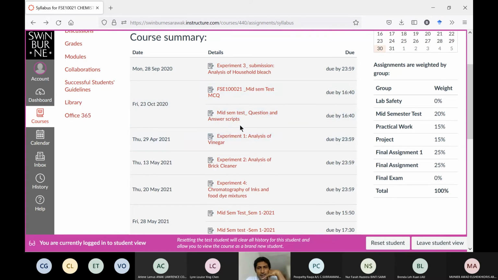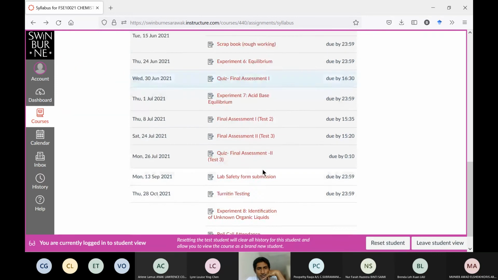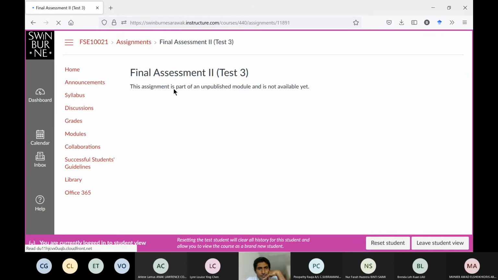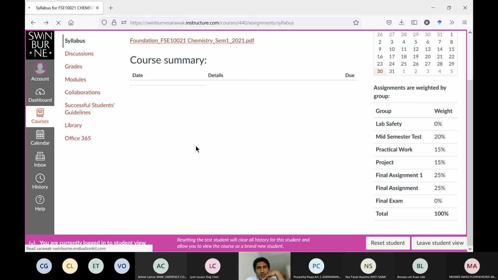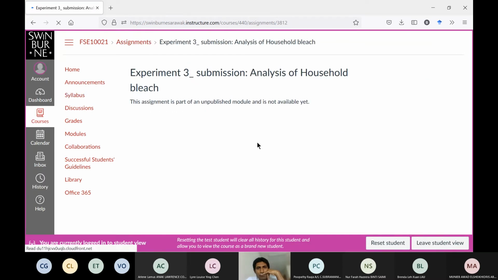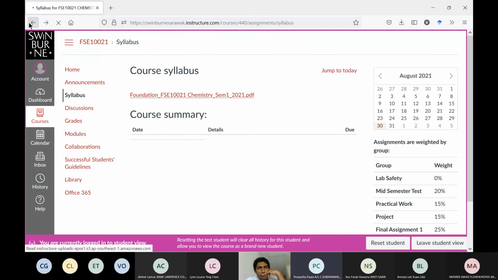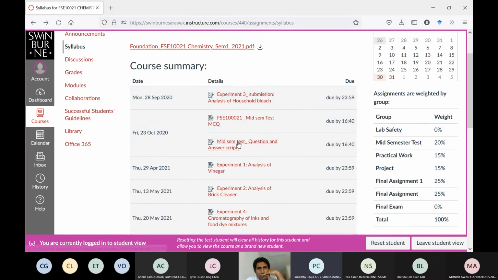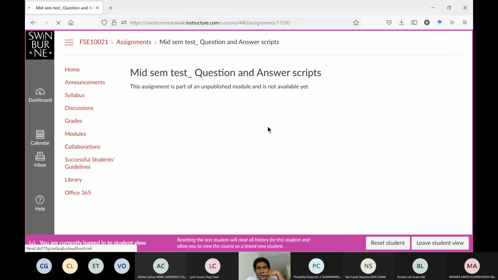Why would it be here? It is not meant for you guys. It is for last semester. This assignment is part of an unpublished module and not available yet. Do you see the same thing? Oh, sorry, sir. Now no more, cannot see anymore. It shouldn't be there. It was not meant for you.